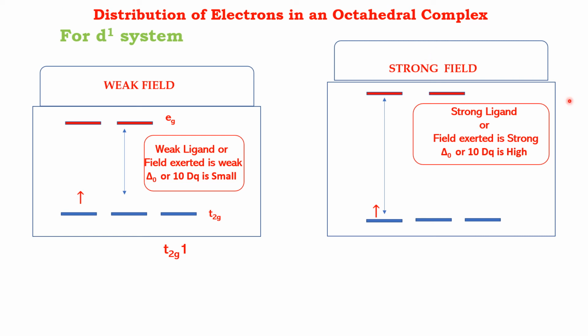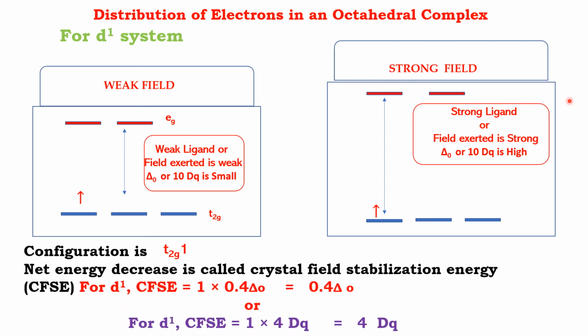Hence, I can say the configuration of a d1 system is t2g1, and the crystal field stabilization energy is 1 into the energy of the t2g level, which is 0.4 Dq, or 4 Dq.